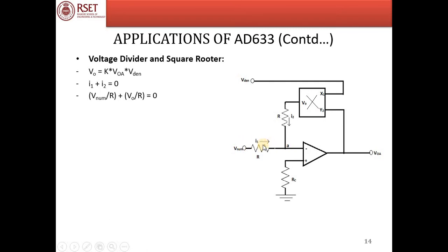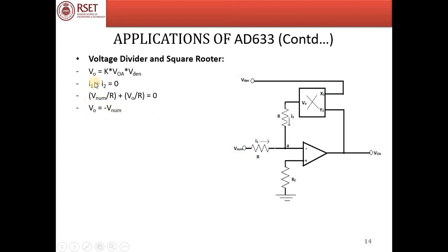So what will be current I1? V numerator minus 0 by R, plus what is current I2? VO minus 0 by R. When we sum, we get V numerator by R plus VO by R equal to 0, and we get VO equal to minus V numerator.